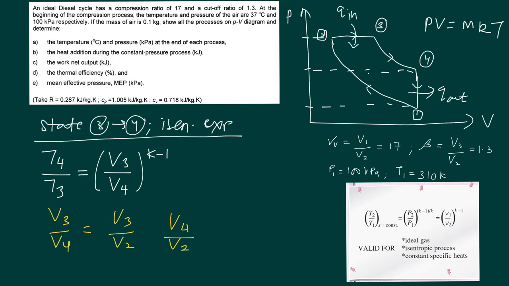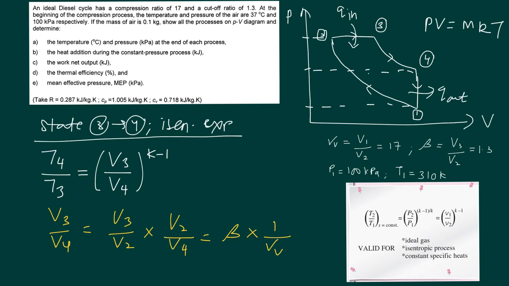Alright, so now it's going to be inverse, so therefore it will be times with your V2 over V4. Or V3 over V2 is actually your beta, times with your V2 over V4 is actually 1 over your RV, or your compression ratio, right?